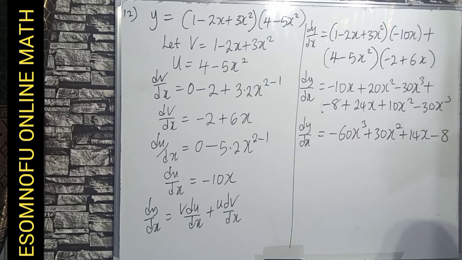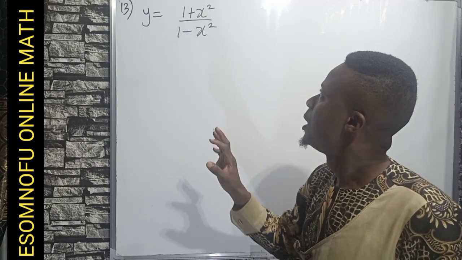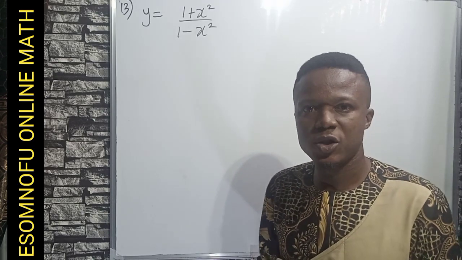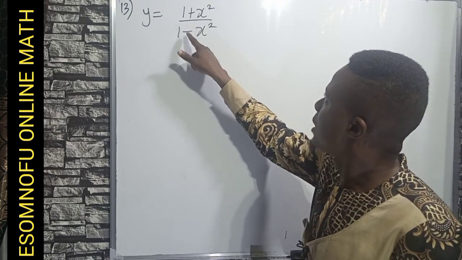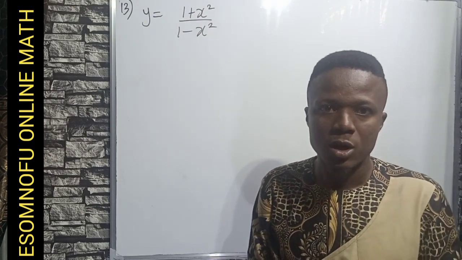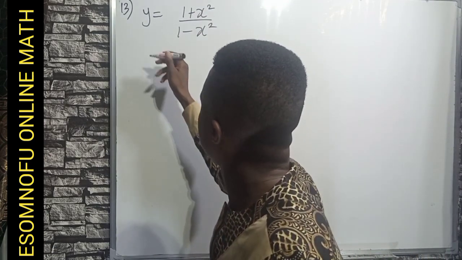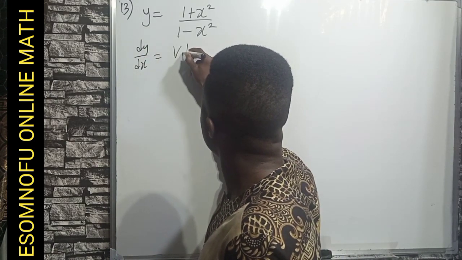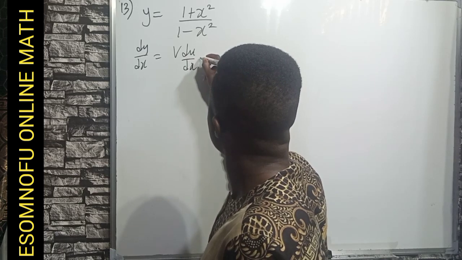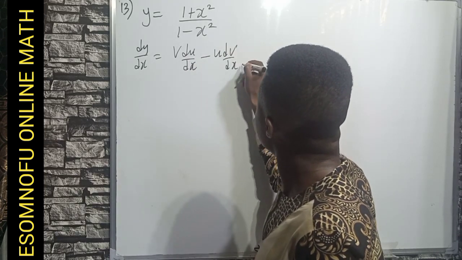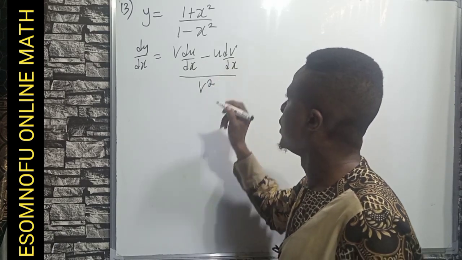So let's take the 13th question. This is the quotient rule. Quotient is the result you get after division. So whenever you see something that looks like one is dividing the other or a fraction, you know that you are using the quotient rule. And the quotient rule is telling us that dy over dx is equal to v du dx minus u dv dx all over v squared.